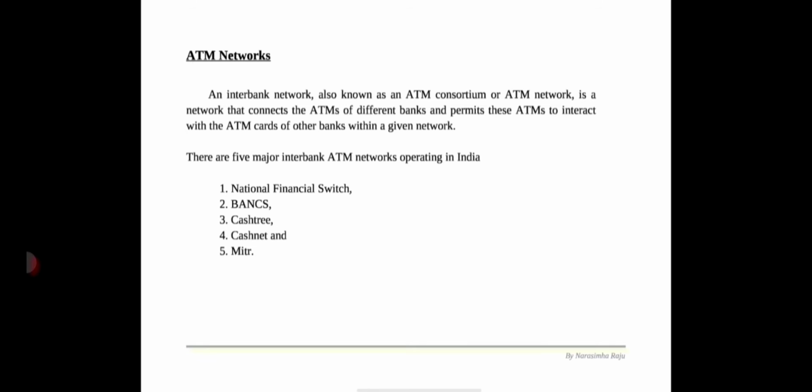Here, an interbank ATM network is a network of ATMs wherein a cardholder of any of the participating banks can carry out specified transactions at any of the ATMs connected to this network. In 1997, an attempt was made in this direction by the Indian Banks Association in the name of Southern Network.